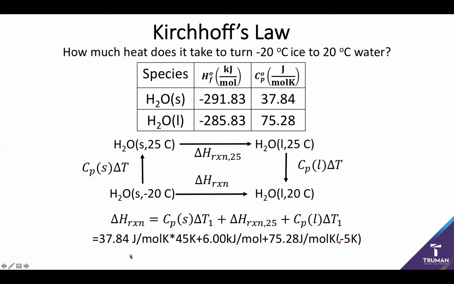And so what we end up finding under this case is that my enthalpy of reaction is 7.3 kilojoules. So this is over 2 kilojoules higher than just melting 0 degree ice, and it's a full 1.3 kilojoules higher than melting ice at 25 degrees C.